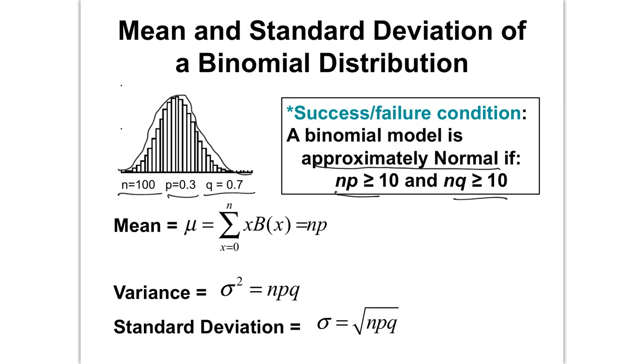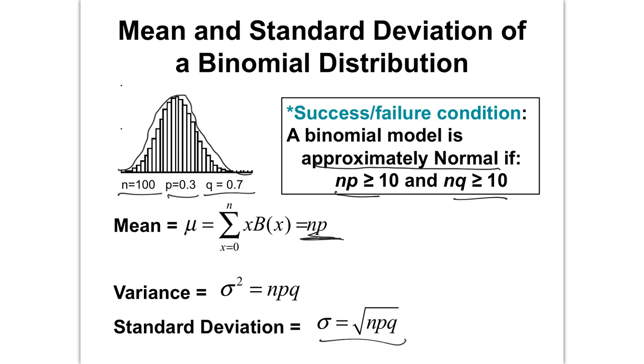Again, our mean is np, our standard deviation is the square root of npq. If we have a lot of trials, then we can simply use the normal model to approximate a binomial situation. Remember, the normal model is just that: an approximation. It is a model to model successes and failures.